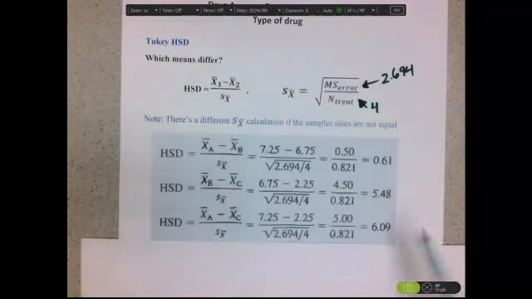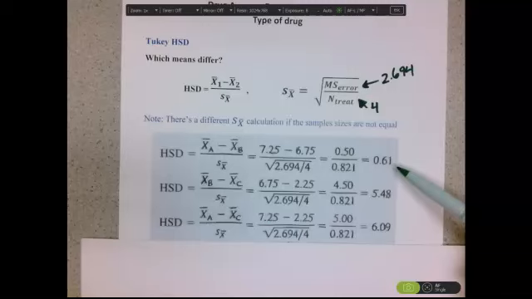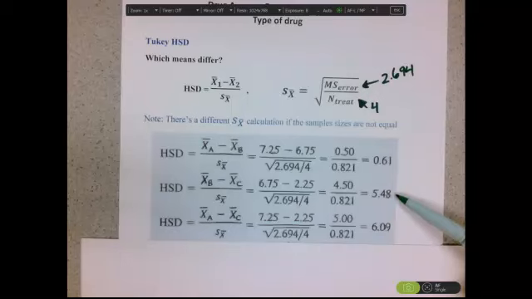And when we look at our data that we have here, we see that the difference between A and B is not significantly different because the value that we calculate would have to be larger than our critical value. Our value for B and C is larger than our critical value, so that one's statistically significant.